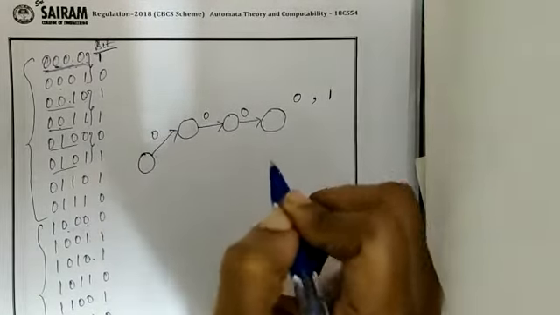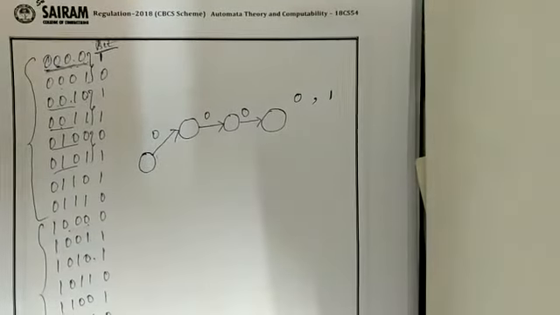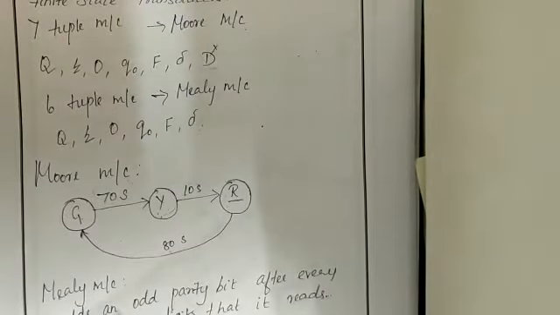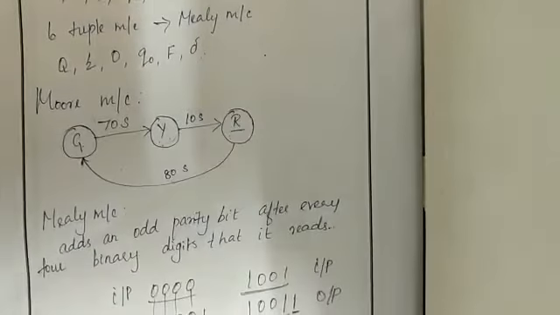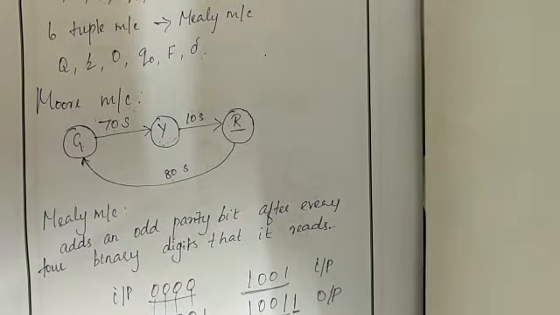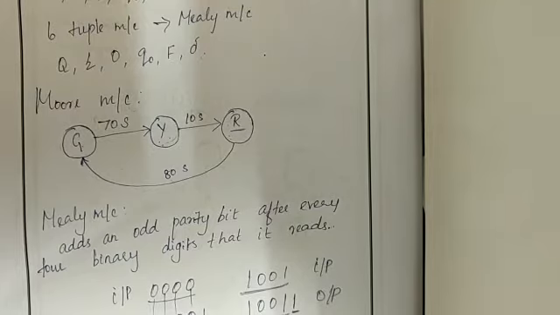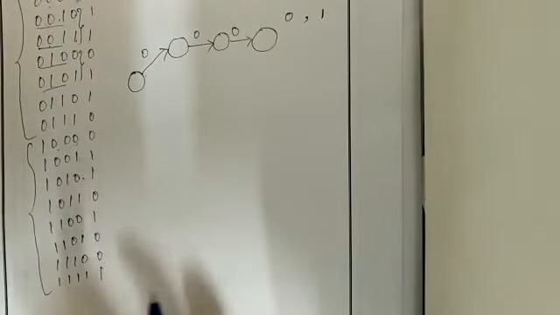Right? So yeah, what is your question? Adds an odd parity bit after every 4 binary digits that it reads. It will read a 4-bit number, give you the output, and again it should be able to read the next 4-bit number and give you the output. Right? This is what is expected in the question.